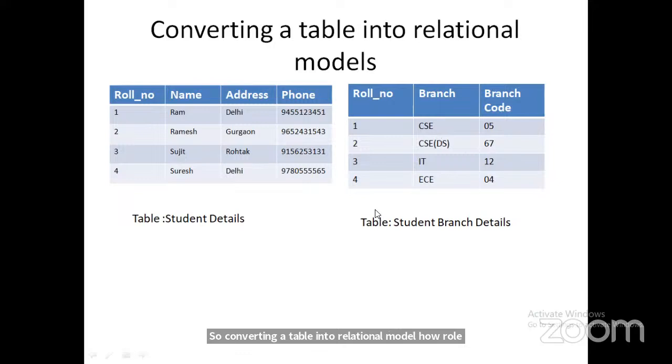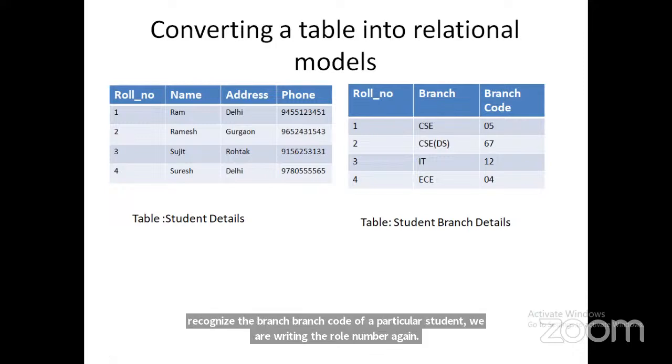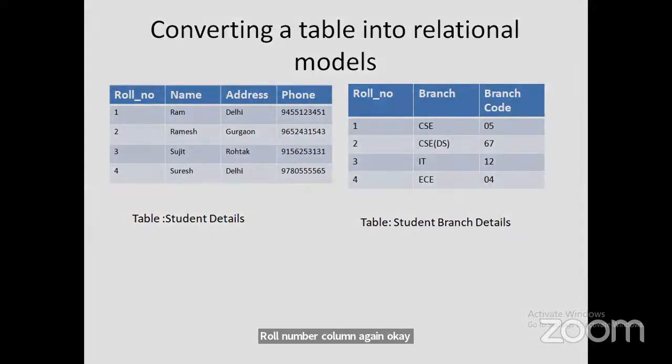Coming to the student branch details: roll number, branch code. Why am I using roll number again? To recognize the branch code of a particular student, we write the roll number column again. Is it clear? So, the relational model.